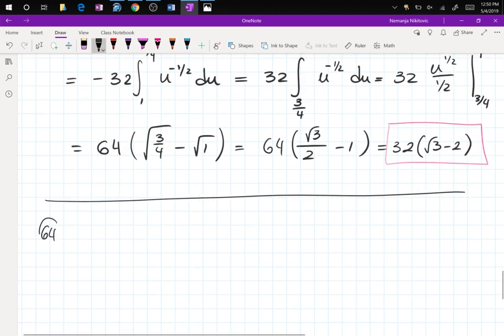Problem 64 from homework. Integral 0 to the ln of 4 of e to the x divided by 3 plus 2e to the x dx.